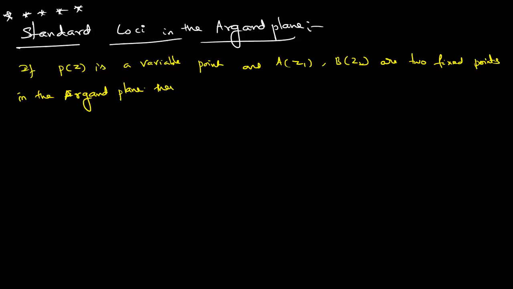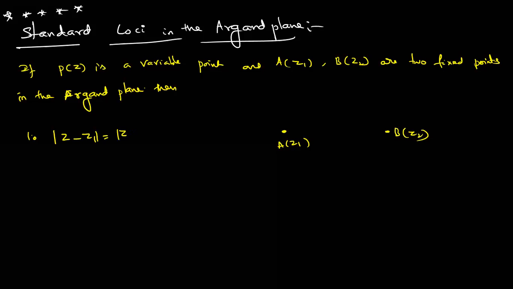Then 1. Dear students, I am drawing the picture. Here A of Z1, B of Z2 are there, for example. Modulus of Z minus Z1 is equal to modulus of Z minus Z2.